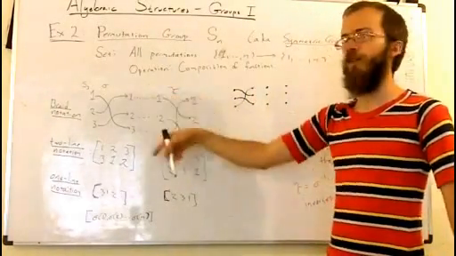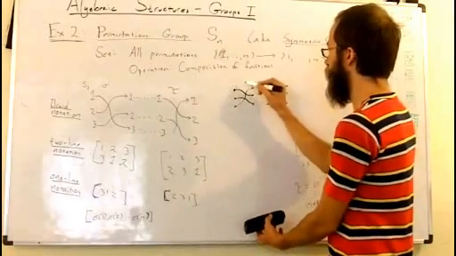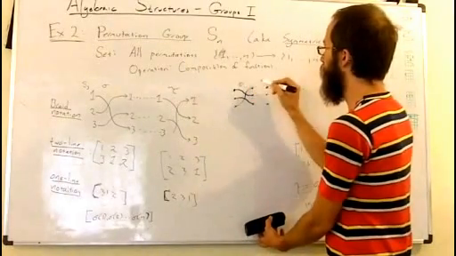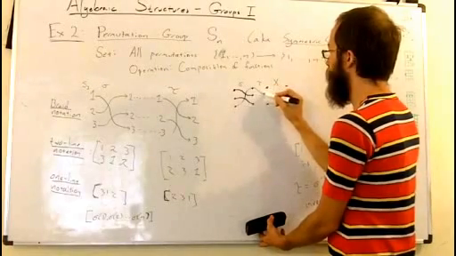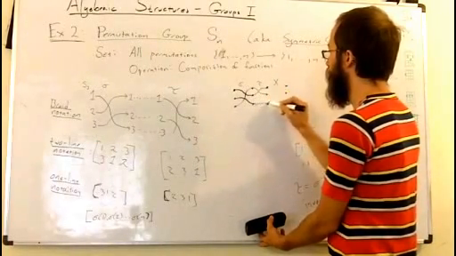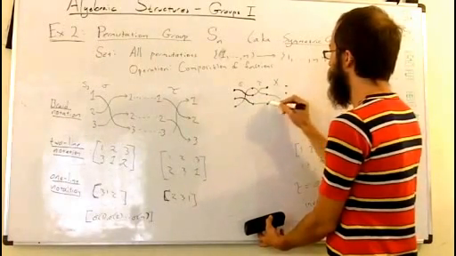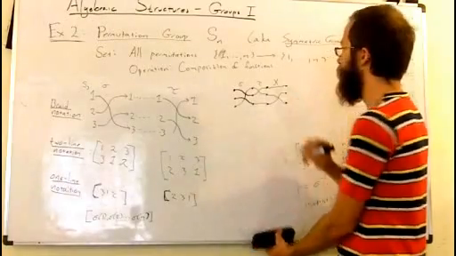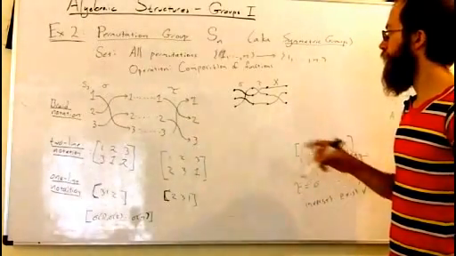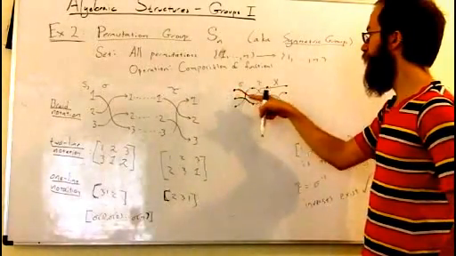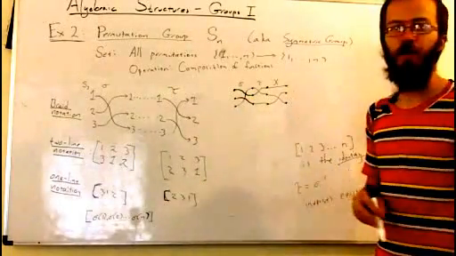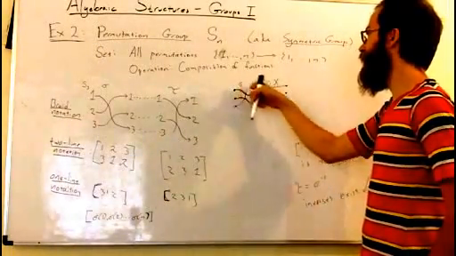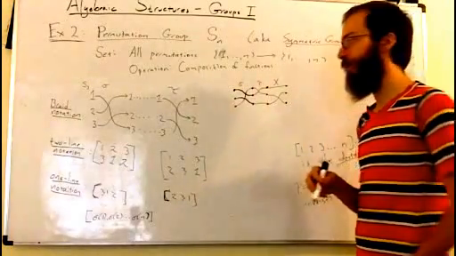I'm not going to bother drawing the gap this time. I'm just going to draw straight across. So this will be sigma, this will be tau, and this will be kappa. And then maybe we've got something like this, and then maybe something like that. Okay? So then sigma tau kappa looks like it's 1, 2, 3. Oh, look, it's the identity. So sigma times tau times kappa is equal to the identity.